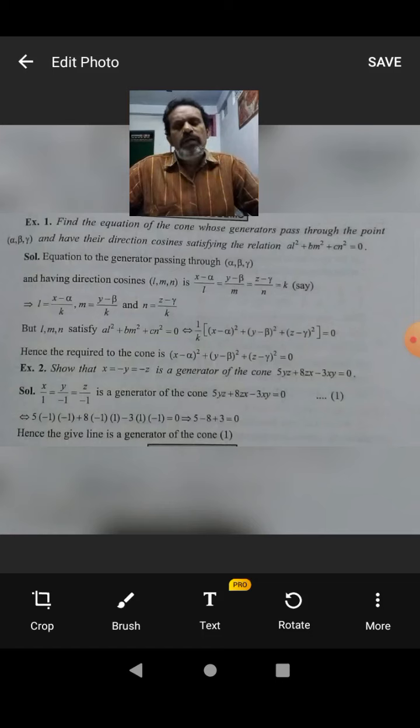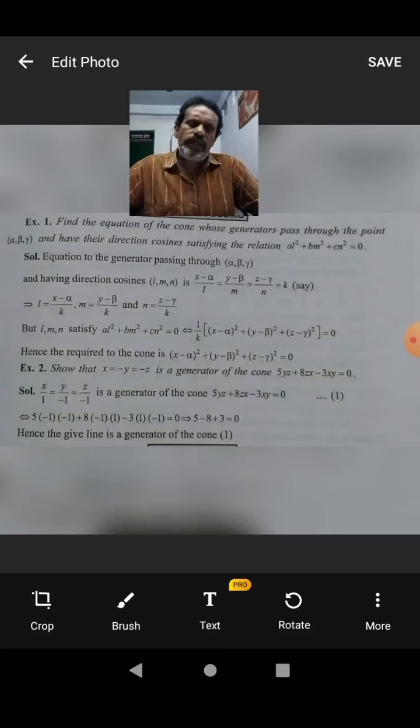Here, given that the point is (alpha, beta, gamma), and the direction cosines are given in the relation al square plus bm square plus cn square is equal to 0. First we will calculate the line of symmetry.